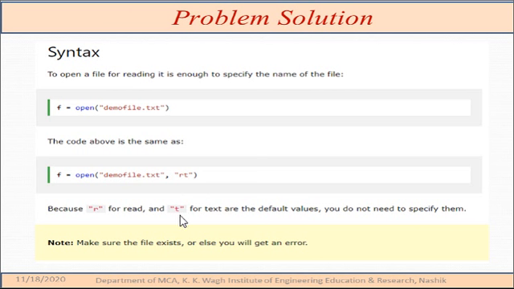So R is for read and T is for text, which is the default in Python programming. Please note one point here: make sure that the file exists. If the demo text file does not exist, then it will show an error instead of creating it, as we have opened that file in read mode.